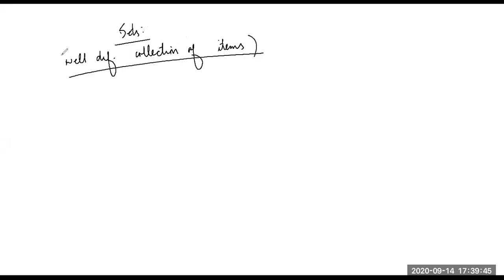What is the definition of sets? It is a well defined collection of items. These items could be names, nouns, numbers, equations, polynomials, anything.